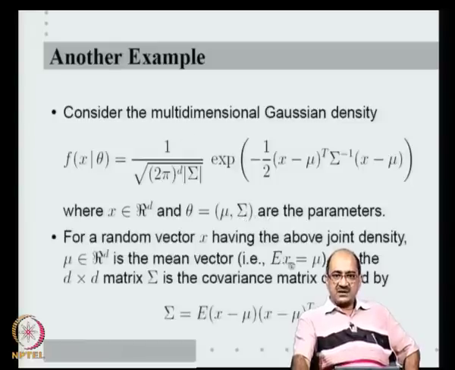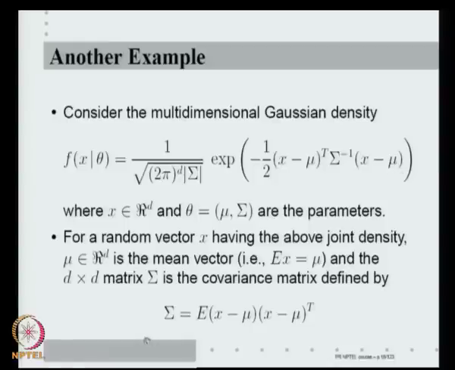For this density, if a vector x has the above joint density, then this mu, obviously because I am taking x minus mu, mu is also in R^d, the d-dimensional vector mu is the mean vector, that is the expectation of x will be mu, and the sigma is a d by d matrix which is the covariance matrix defined by this expected value of x minus mu into x minus mu transpose. Because x minus mu is a column vector, x minus mu times its transpose is a d by d symmetric matrix.